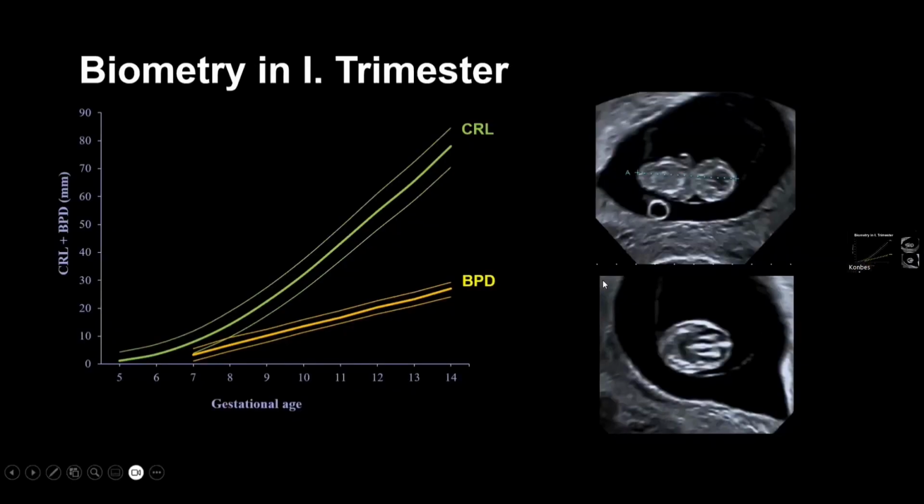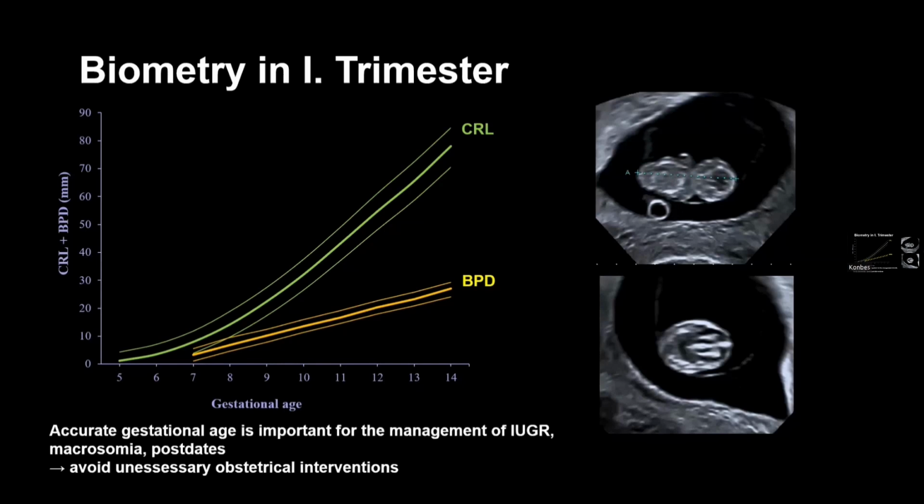So as we start, this is a beginning, and this is a very important period in early pregnancy, because we have to calculate the crown-rump length, the length of the baby, and at this age we have the possibility to estimate the gestational age very exactly. This is important for a lot of other things, to calculate the management for IUGR, for macrosomia, for post-term pregnancies.